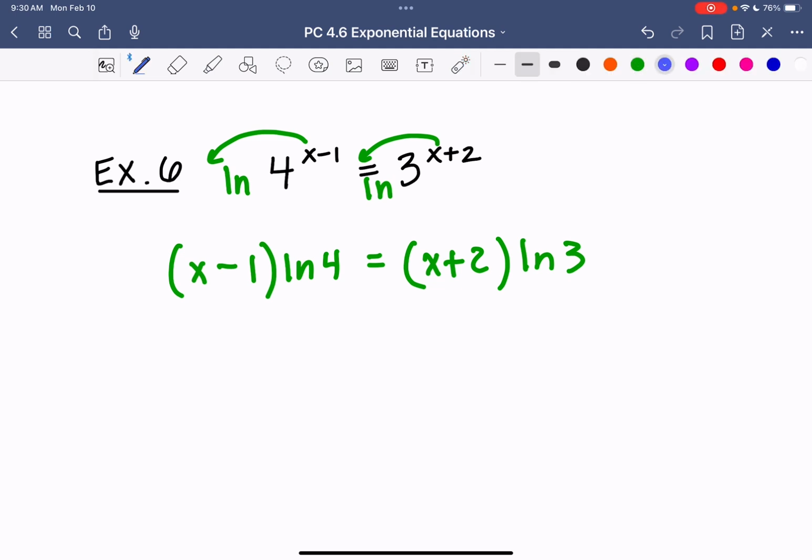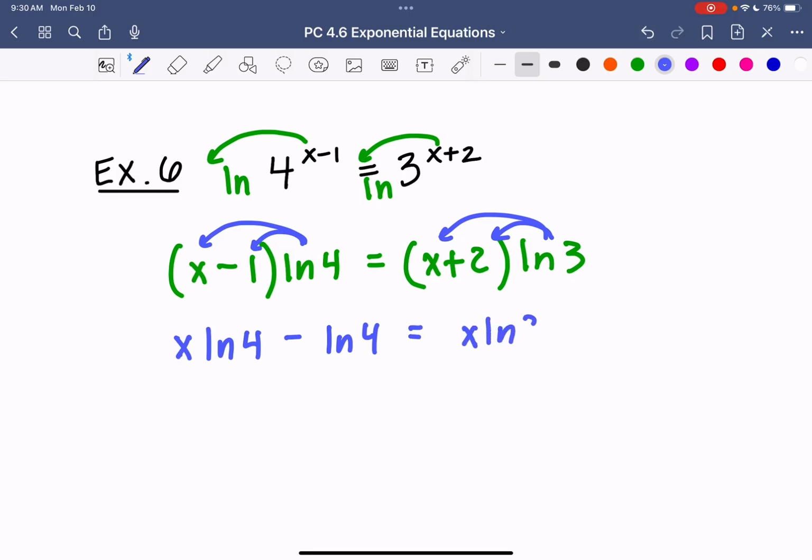Similar to those difficult inverse problems we saw in Module 1. So first we're going to distribute ln of 4, ln of 3. So we get x ln 4 minus 1 ln 4 equals x ln 3 plus 2 ln 3.